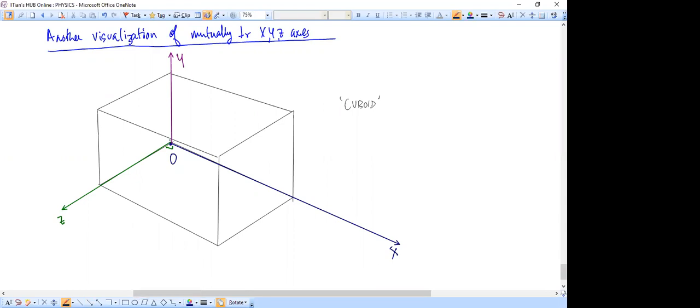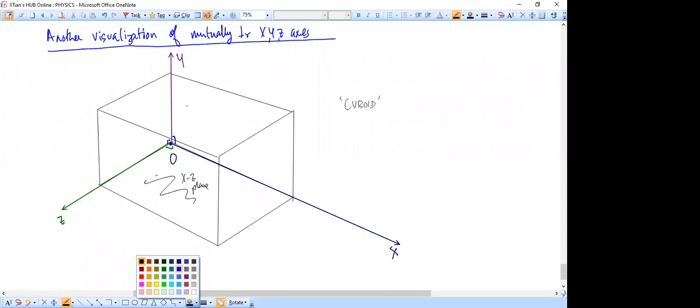Once again, you can understand that you have the three planes which are mutually perpendicular. This plane here, this is your xz plane.